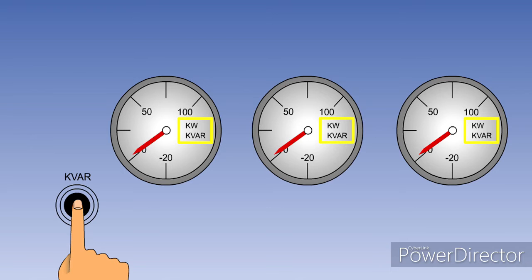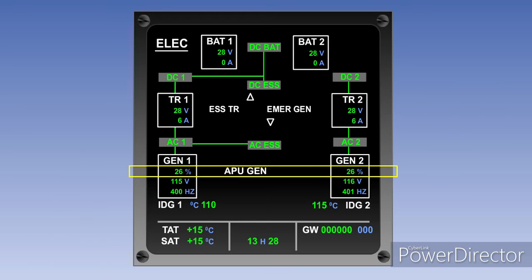Pressing the button allows the reactive load in kilovolt amps reactive, or kVAR, to be displayed. Modern electronic display units may only show the load as a percentage of the maximum permissible load. Others don't have load indicators, with load shedding happening automatically if the load limitations are exceeded.